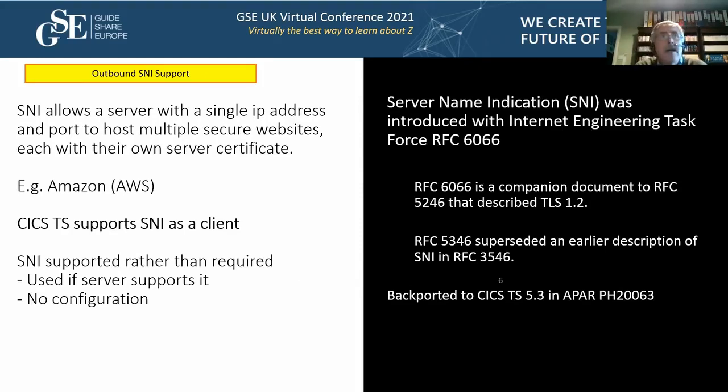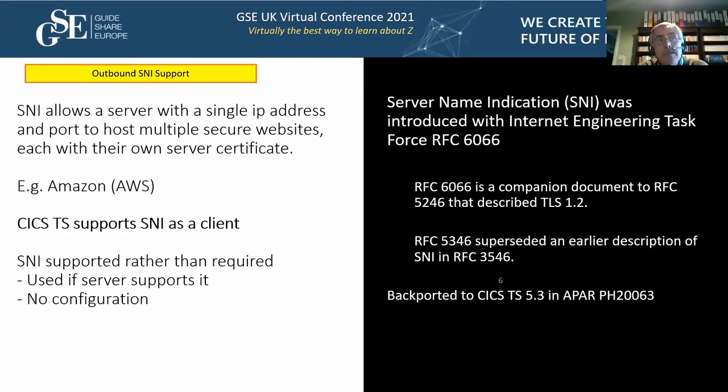First topic is outbound SNI support. Now, this is something that a number of customers requested. SNI is something that allows a client to contact a server which has a single IP address, but is actually a virtual host.